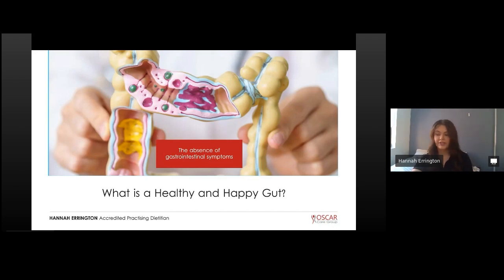For example, you might experience some bloating or gas from time to time. If it doesn't impact your day-to-day life and the quality of your life, then it's likely that your gut is healthy. For individuals who do suffer from disease and disorders of the gut, the aim is to manage the symptoms and achieve a level of gut health that is achievable for you and your specific condition.